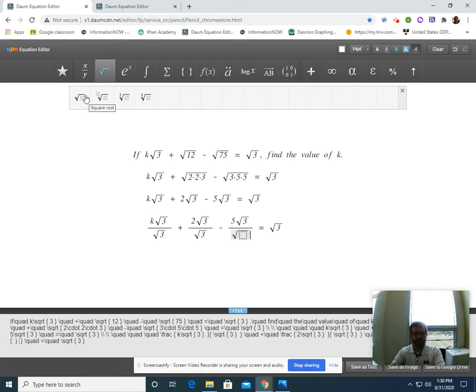So again, I'm just dividing both sides of the equation by the square root of 3. Every individual term gets divided by the square root of 3.